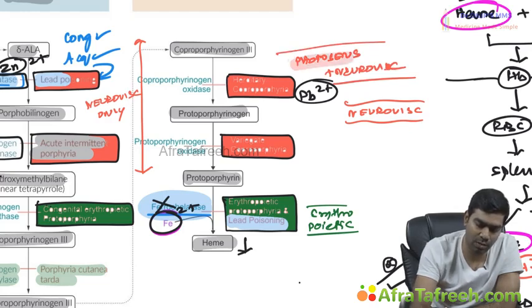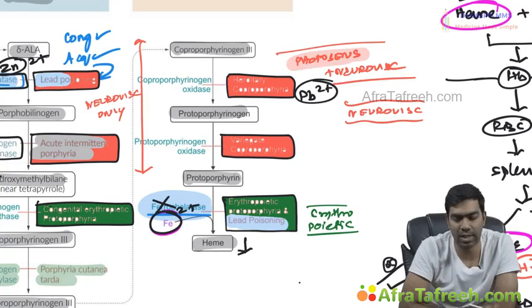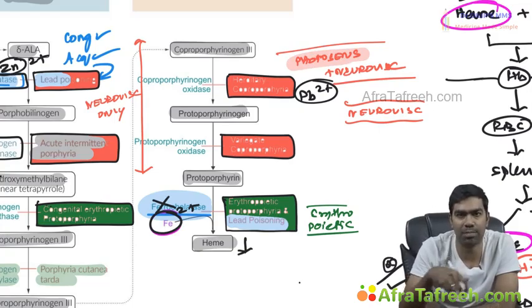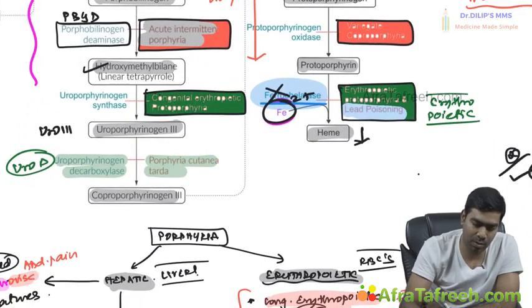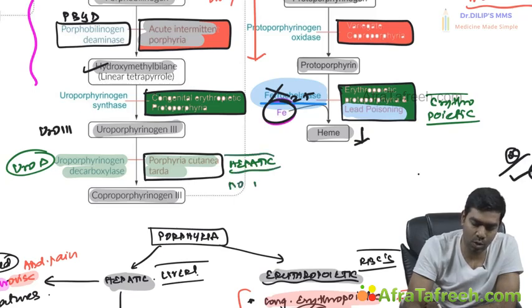So these are some clues, mnemonic-like things you can make out from the porphyria enzyme pathway itself. And finally, porphyria cutanea tarda is a hepatic porphyria only, but there is no neurovisceral complication and the patient has photosensitivity only.